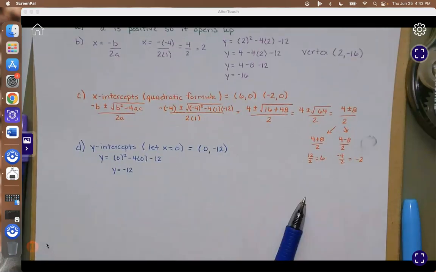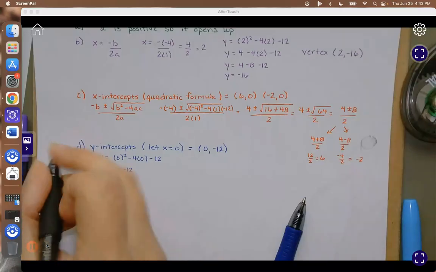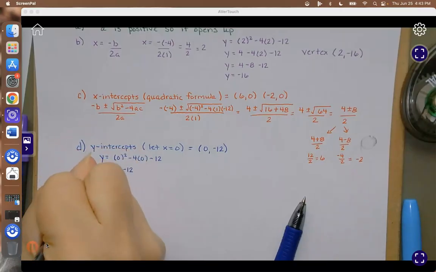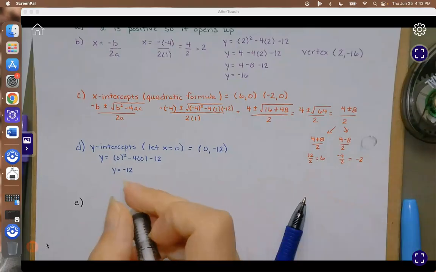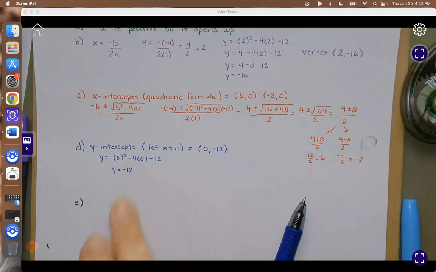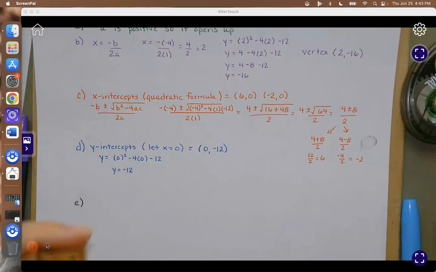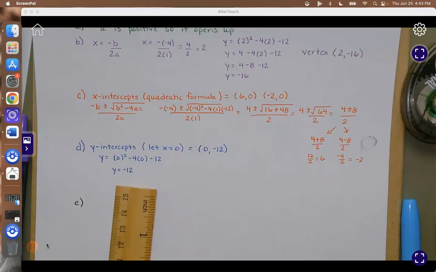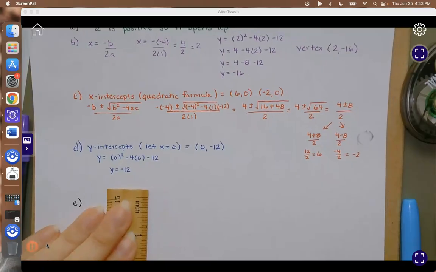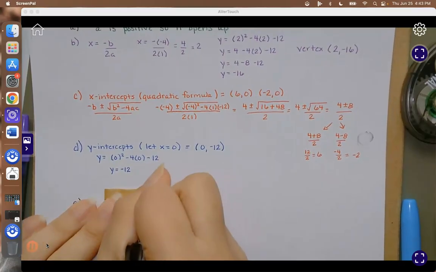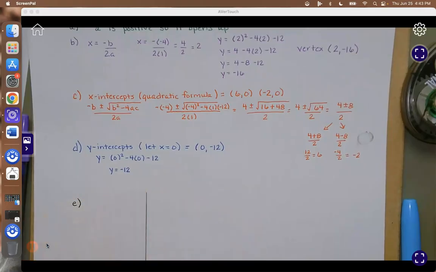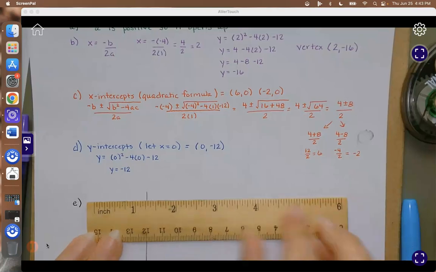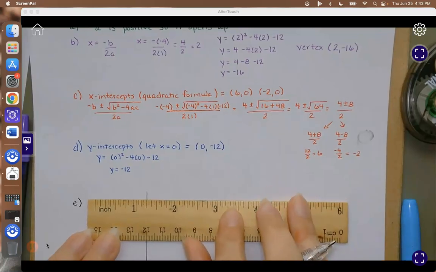Then part E says sketch the graph. Okay? So it asks you to sketch the graph. So our vertex is all the way down at 2, -16. So give me just a minute. We're going to draw. Not going to need much positive space up here.